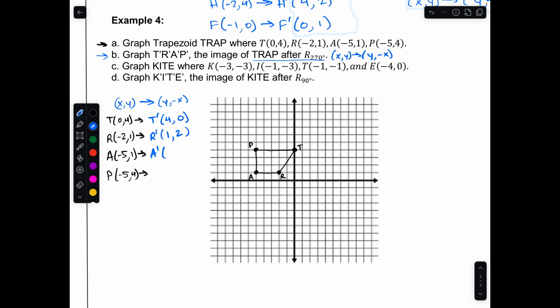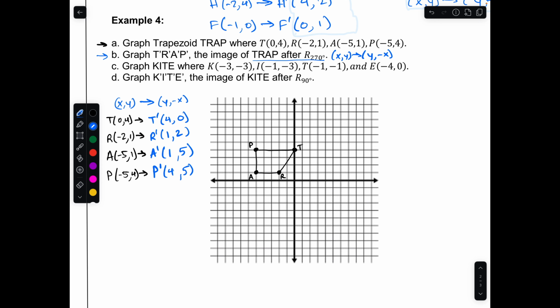A prime, switch them and make the new y coordinate the opposite of what it was. So if we switch them, we'll have 1, 5. The 5 was negative, it became positive. And then P prime, our last one, again, we'll swap negative 5 and 4. So 4 will be the new x coordinate. And then our new y coordinate will be the opposite of negative 5, which is positive 5.